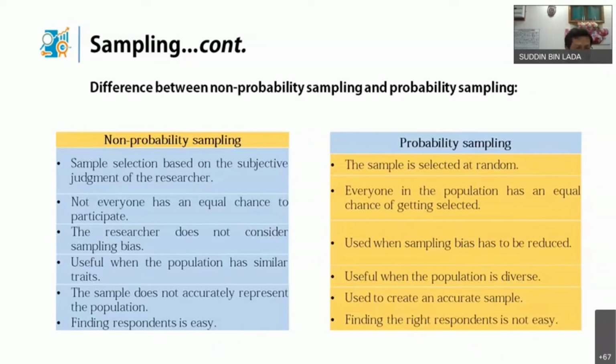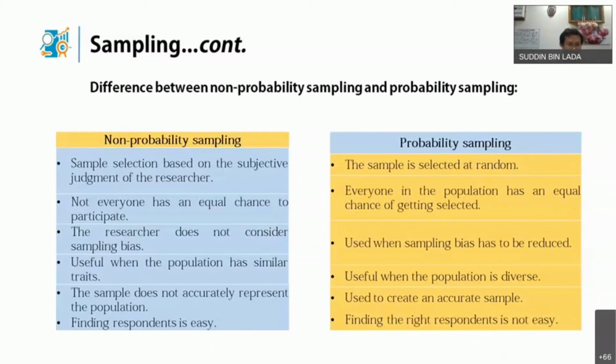The third one is that researchers do not consider sampling bias. This is very, very important. Definitely in the sampling frame, if there is no equal chance, sampling bias will exist. Compared to probability sampling, which is used for reducing the bias.